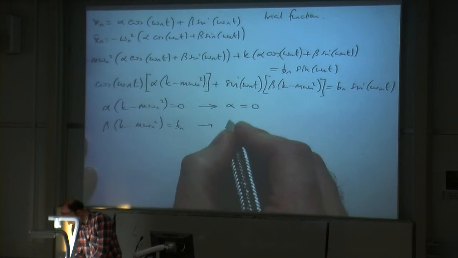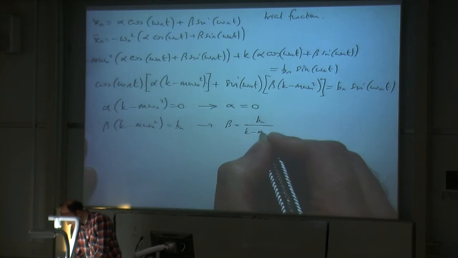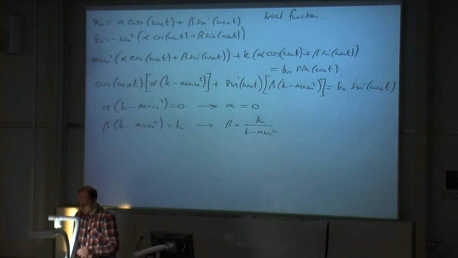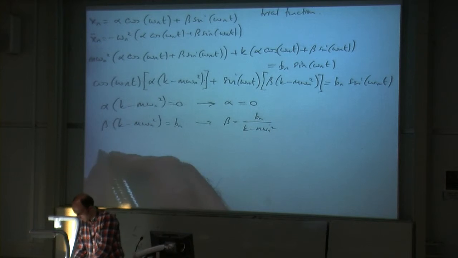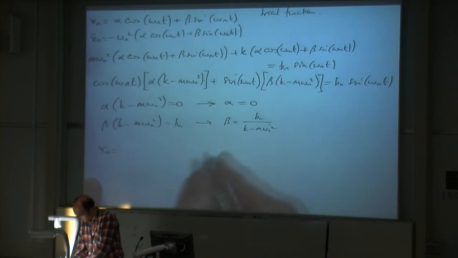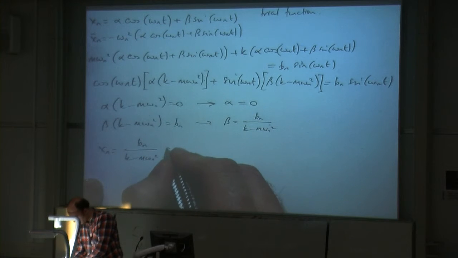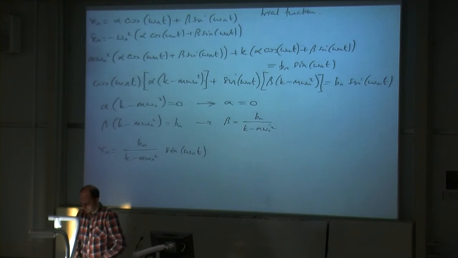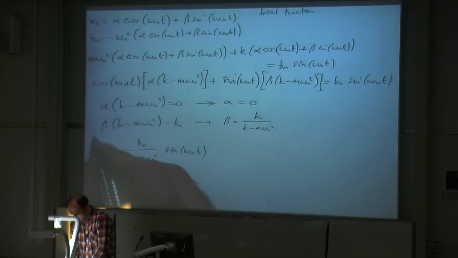So therefore beta must be b of n divided by k minus m omega_n squared. And so we stick this back into our trial solution. We have x of n equals beta sine omega_n t, so we have b of n divided by k minus m omega_n squared, times sine omega_n t. So there's our solution for x of n.